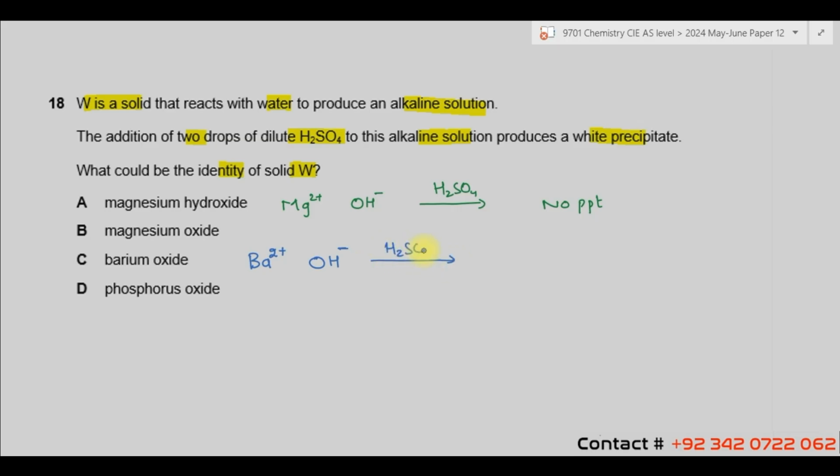In the presence of H2SO4, barium can form barium sulfate, and barium sulfate is an insoluble solid. So this is a precipitate. Phosphorus oxide is a non-metal oxide, so it forms an acidic solution when added to water.